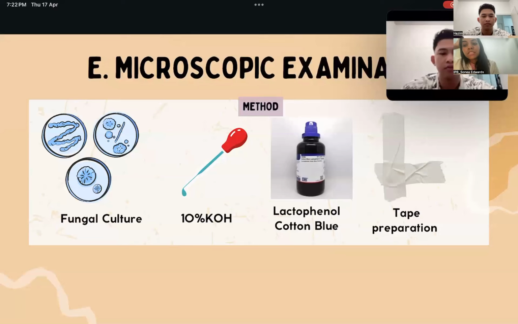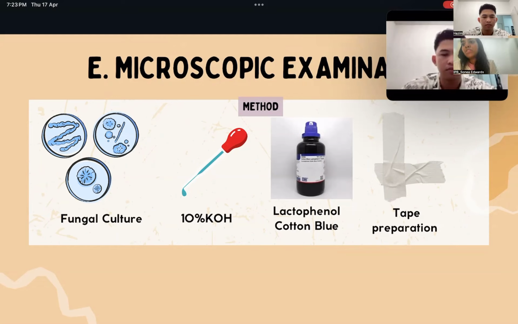This KOH dissolves the keratin and facilitates fungal visualization so you can see better under the microscope. Then you use cotton blue, a dye used as a mounting medium, which stains the fungal elements so you can see the morphology better, and it also preserves the morphology.